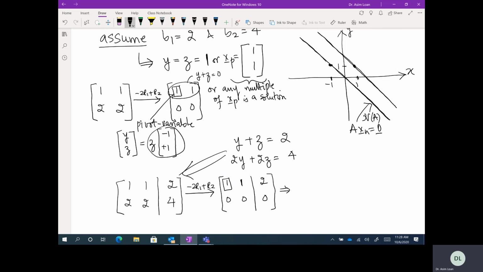So this implies my solution y, z is equal to, so this equation means this is equal to 2, this is 0 over here, plus z, which is the free variable.